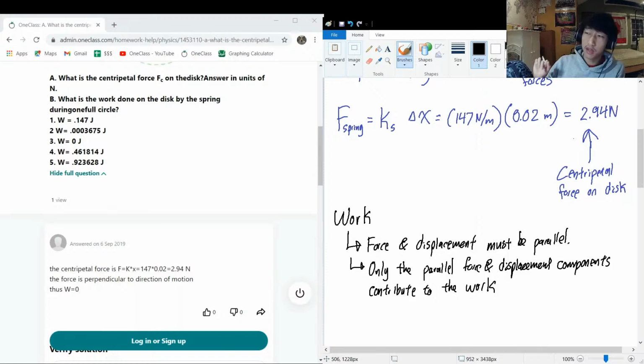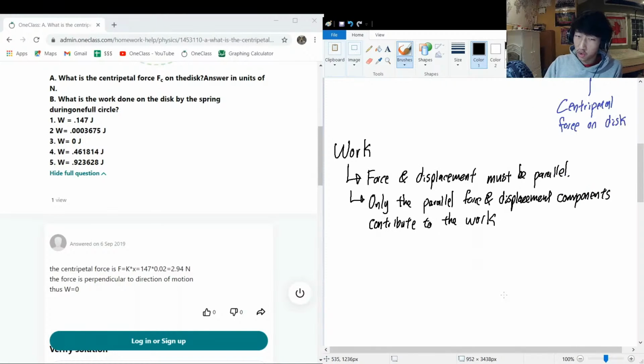In that situation of me pushing a shopping cart, that's only going to be me doing the work. Gravity's doing no work because gravity is perpendicular to the motion. Now let's think about this situation real fast.